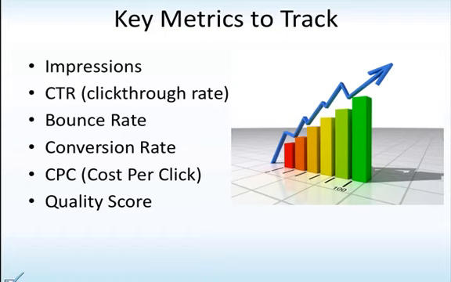And finally, the quality score. Aside from bidding, this is the other major factor in deciding where your ad appears in the rankings. It's basically the search engine's way of rewarding the relevance of your ad. And so what I mean by that, going back to writing an ad, is you want to make sure it is as relevant as possible to the search query.